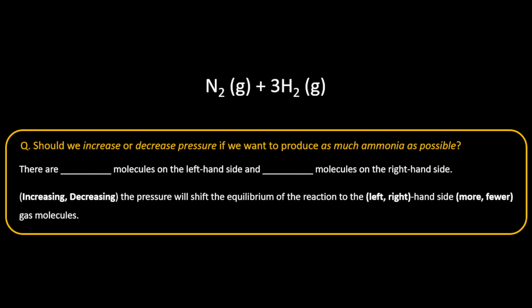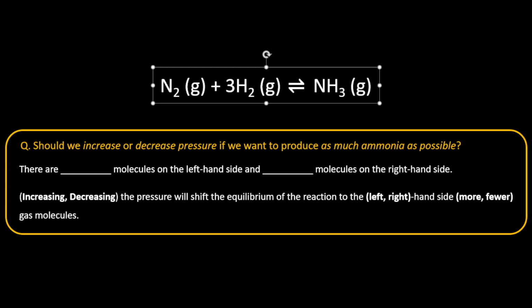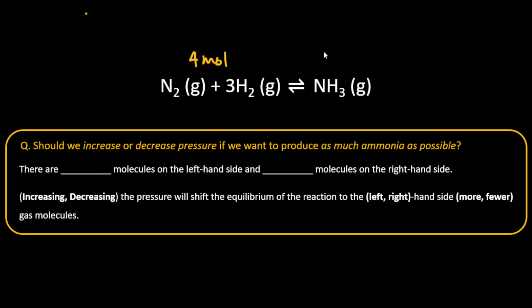Now I want to produce as much ammonia as possible. So should I be increasing or decreasing the pressure? Give me a moment. So I have 4 gaseous molecules on the left hand side and 1 gaseous molecule on the right hand side, and I want to produce ammonia, which has fewer gas molecules.